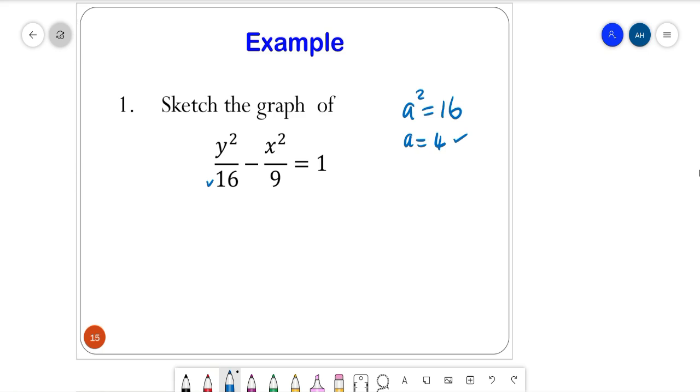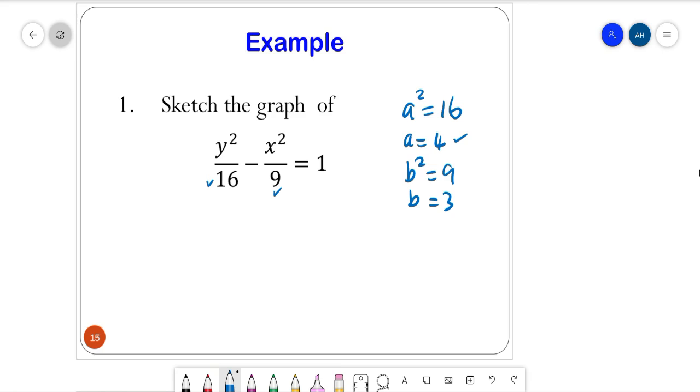Done already. Now we have this 9 here. What is that value 9? Yeah, that's b square. B square equal to 9. So what is b equal to? Yeah, b equal to 3, right? Square root of 9 is equal to 3. And also we reject negative 3. Now we also need to calculate the value for c. That is the distance between the center and the focus point.